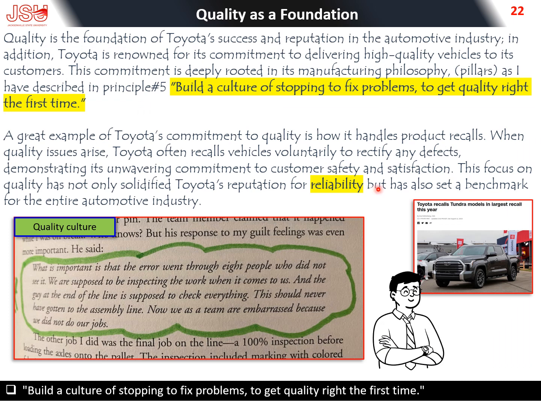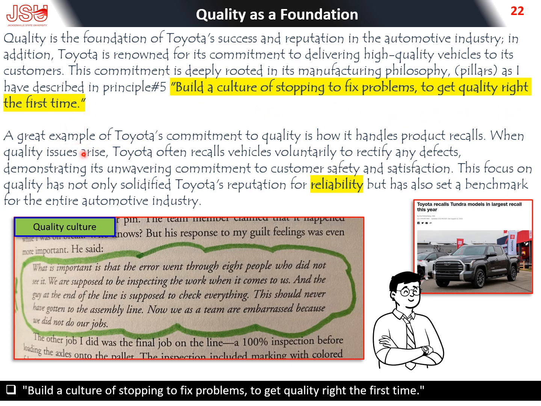To enhance on Gary's previous comment, quality is the foundation of Toyota's success and reputation in the automotive industry. In addition, Toyota is renowned for its commitment to delivering high-quality vehicles to its customers. This commitment is deeply rooted in its manufacturing philosophy pillars. As I have described in Principle 5, building a culture for stopping to fix problems to get quality right the first time.